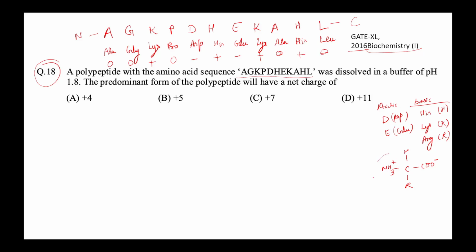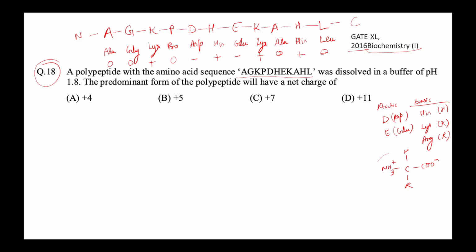That is why the charge of the amino terminal and carboxy terminal of these individual amino acids is not counted here. Because they are involved in peptide bond formation, no charge will be counted. Otherwise the net charge would include those charges also.